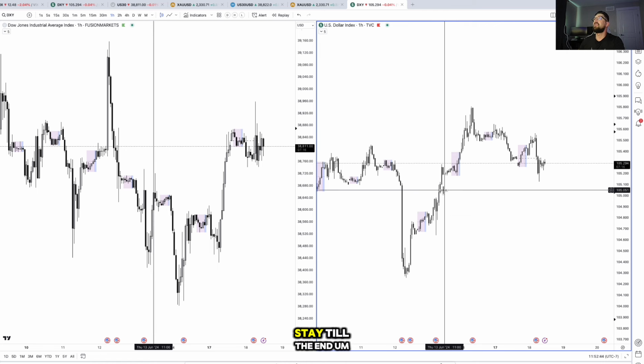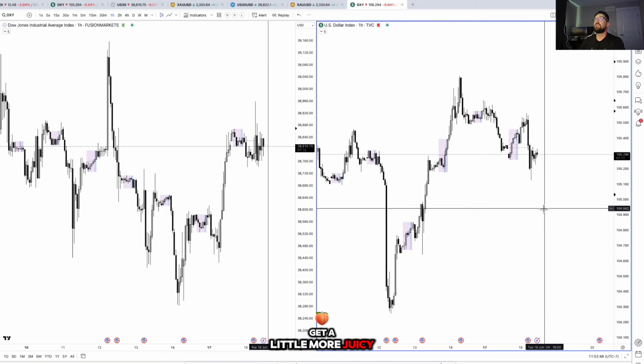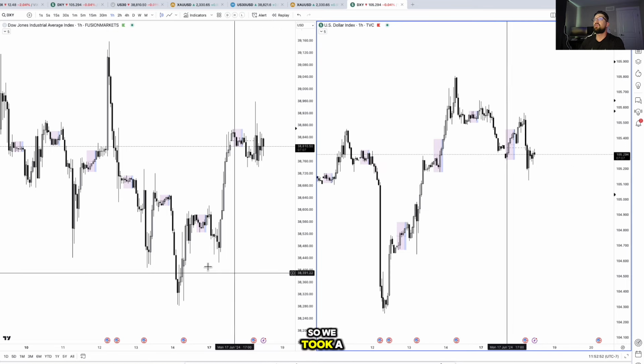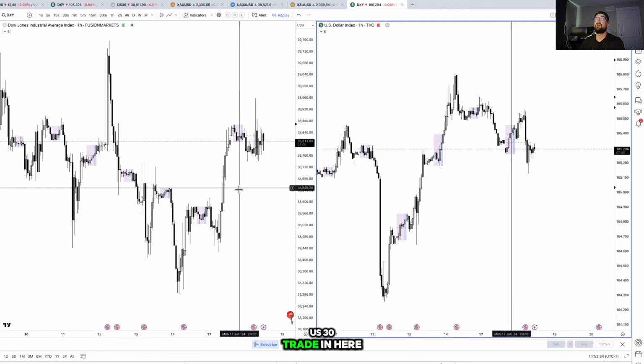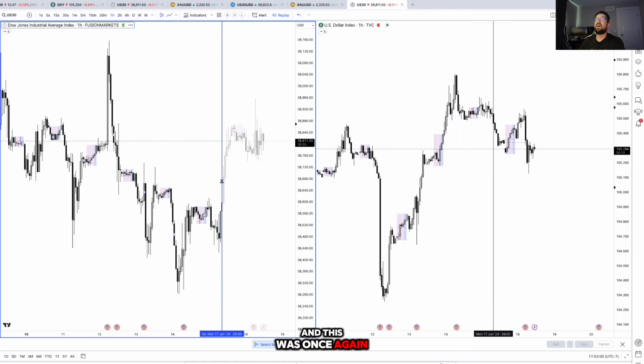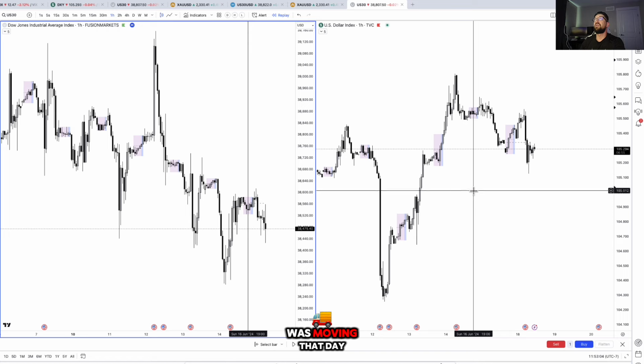So you're going to want to stay till the end, because that's where the stuff will get a little more juicy. But I just want to show you the examples first. So we took a US30 trade in here. And this was once again based on how DXY was moving that day.